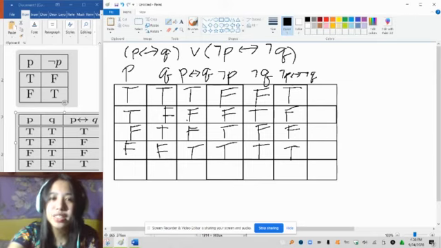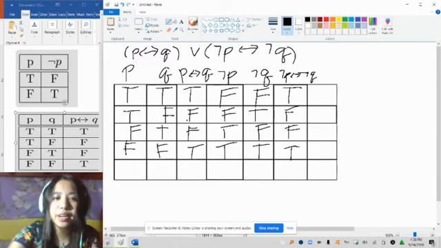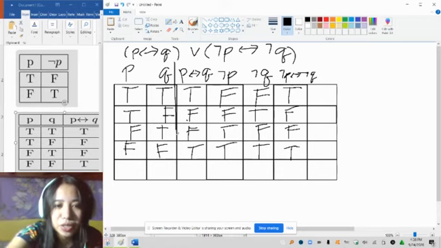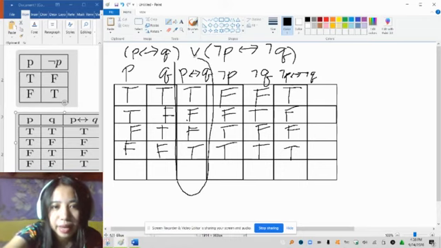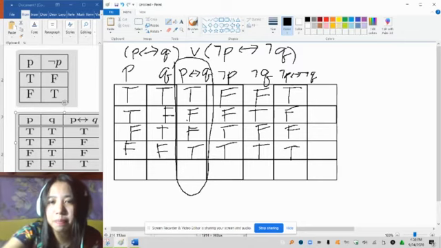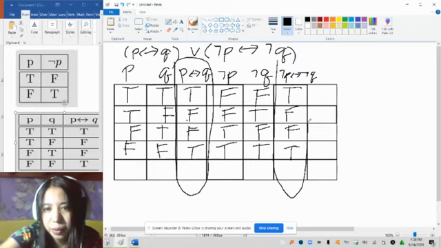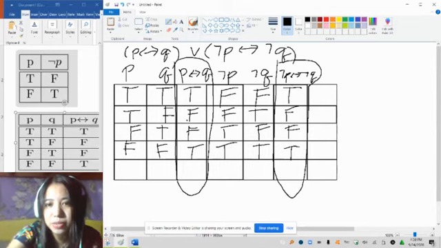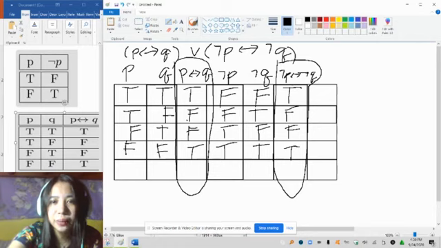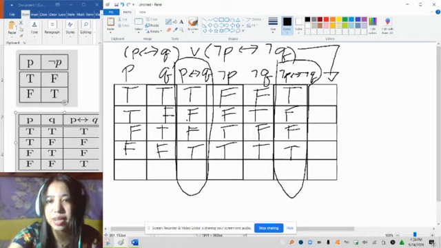Now let us answer, because here it is the answer for P if and only if Q, so this one, and not P, so this side, we're going to look at these values too, if and only if not Q. So what you need to answer now is the whole thing. What is the answer here?